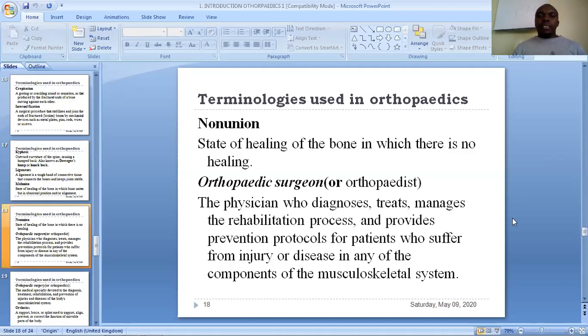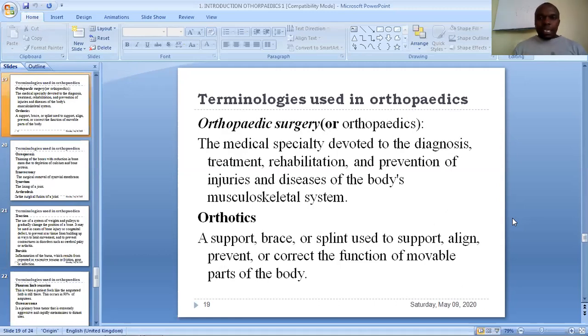The other terminology to look at is orthopedic surgeon. Who is this orthopedic surgeon? Also known as an orthopedist. This is a physician who diagnoses, treats, manages, and rehabilitates, or provides prevention protocols for, patients who suffer from injury or disease in any of the components of the musculoskeletal system.